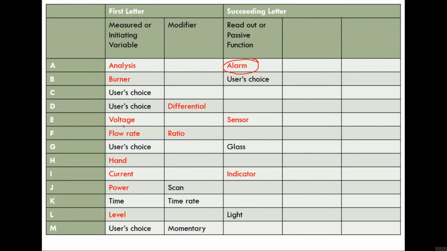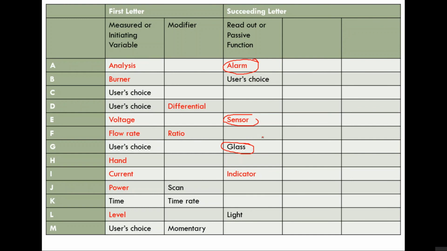Then E is used to represent, if the readout variable is E, that is sensor. Sensor means primary element, that is why E. So E means sensor. I already mentioned G, glass. If you are visualizing something through glass, for example a rotameter, then we have to use FG, flow rate through glass.